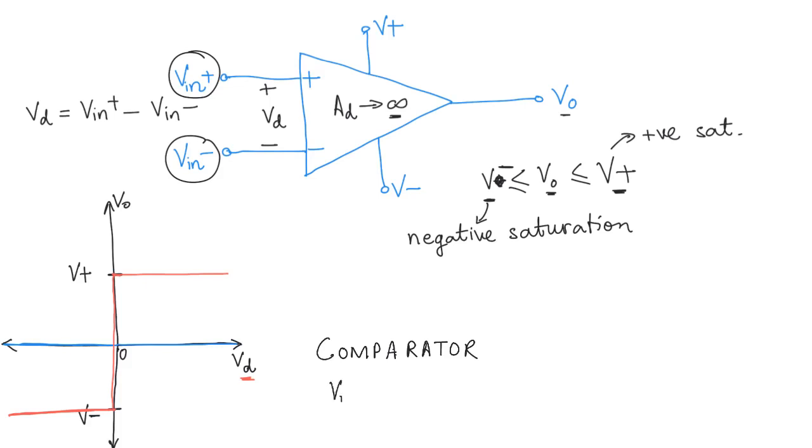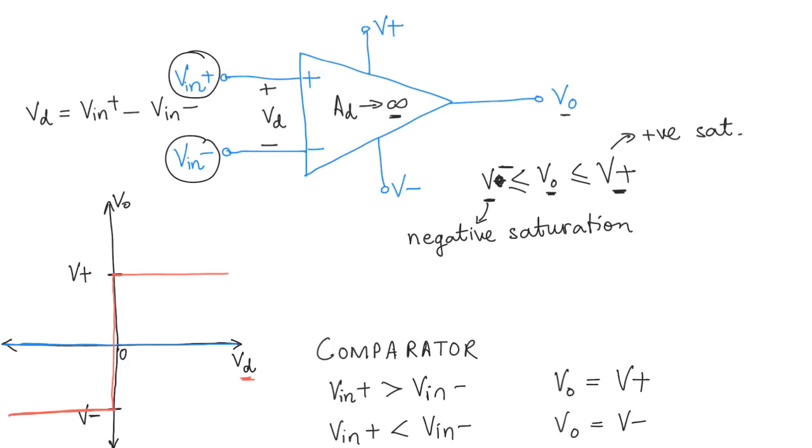So if V in plus is greater than V in minus, then our V output is going to be equal to V plus. If V in plus is less than V in minus, V output will be equal to V minus, right? And for the very simple reason that when V in plus is greater than V in minus, VD is positive, and therefore we have this. And if not, we have this.